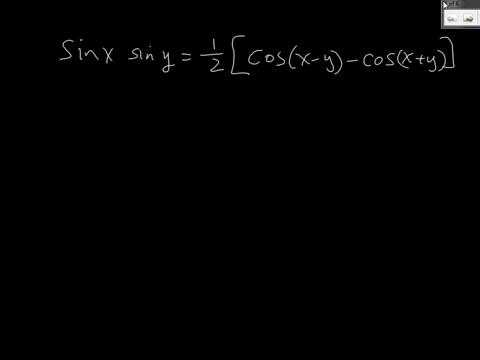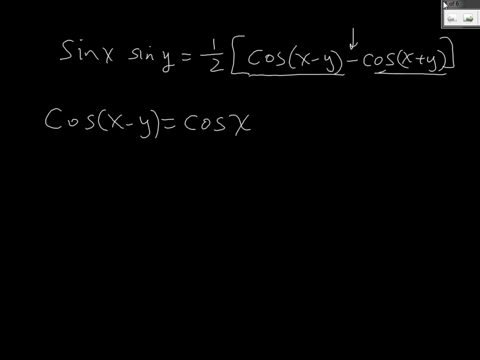So I'm going to expand cosine of x minus y, I'm going to expand cosine of x plus y, and then I am going to subtract them. The cosine of x minus y is cosine x times cosine y plus sine x sine y.